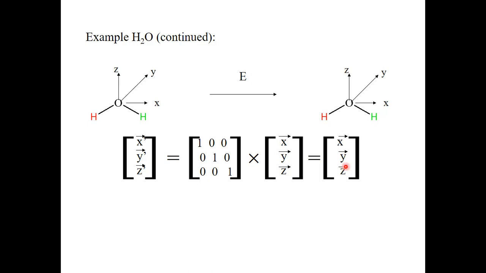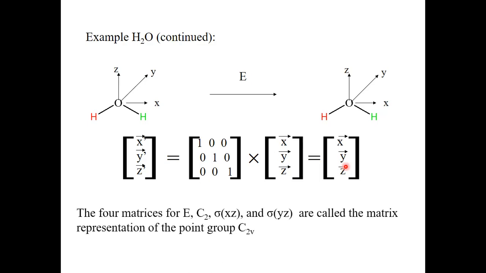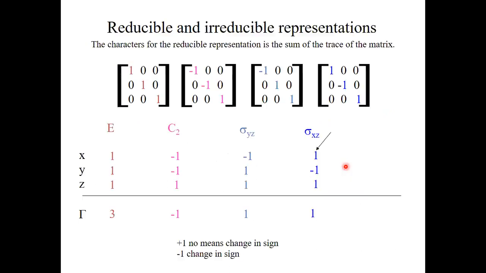So now we have found the transformation matrices for all the symmetry operations that are in this molecule and that are in the point group C2v. Okay. So now you see here in sum the four matrices.